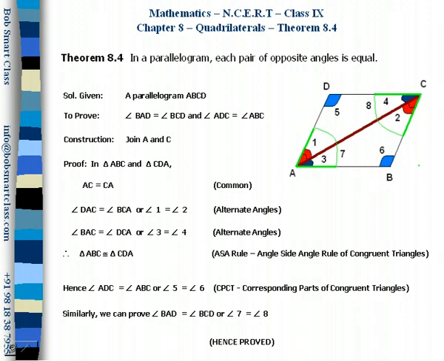Therefore, angle 7 equals angle 8, or angle BAD equals angle BCD. Hence, we have proved that each pair of opposite angles of a parallelogram is equal. Hence, this theorem is proved.